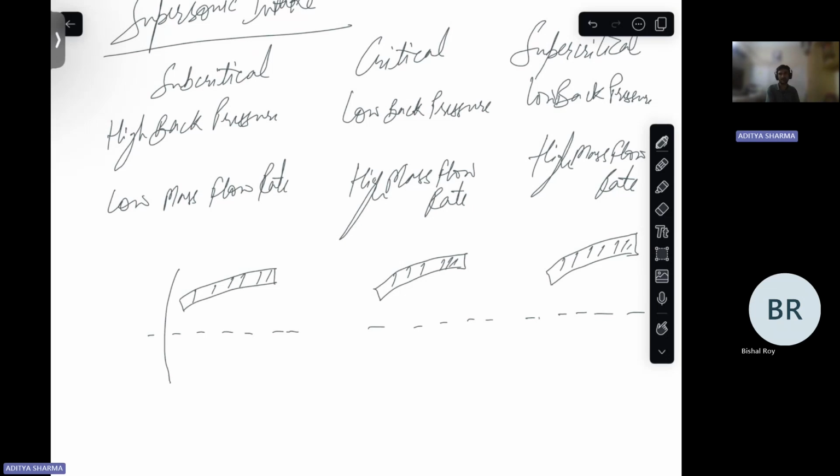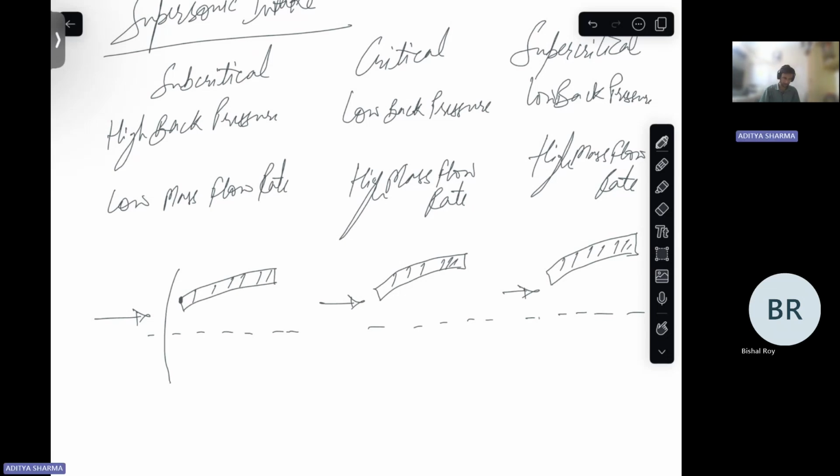The shock will be slightly away from the, so if this is the direction of flow, the shock will be slightly away from this. This is called throat end. This is called highlight and throat. These are the terminologies.